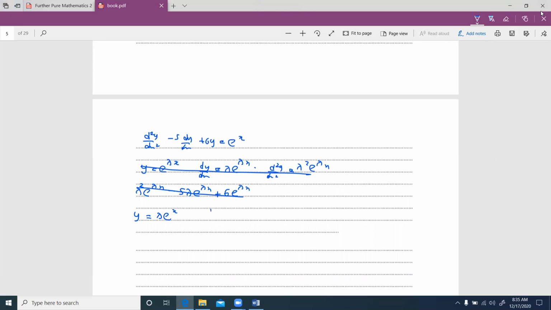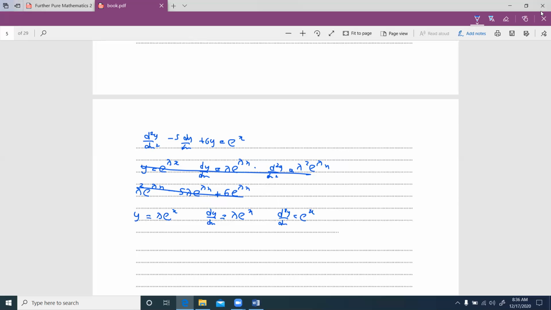Okay. Then how do you get the dy by dx? Lambda is just a constant over here, so if you do this differentiation, the first differentiation and the second differentiation are the same, because lambda is just a constant.